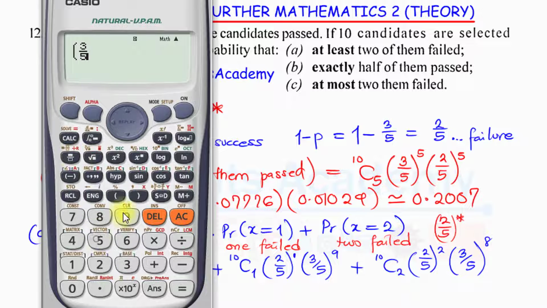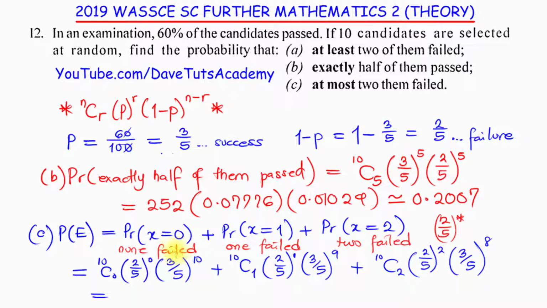That will be quite enormous. So this is 0.00604661.